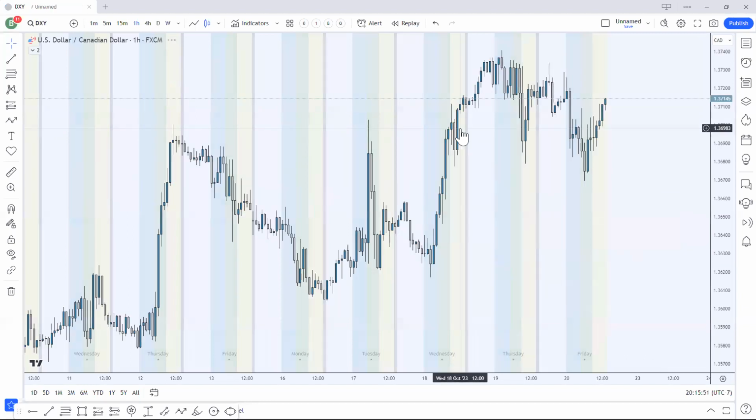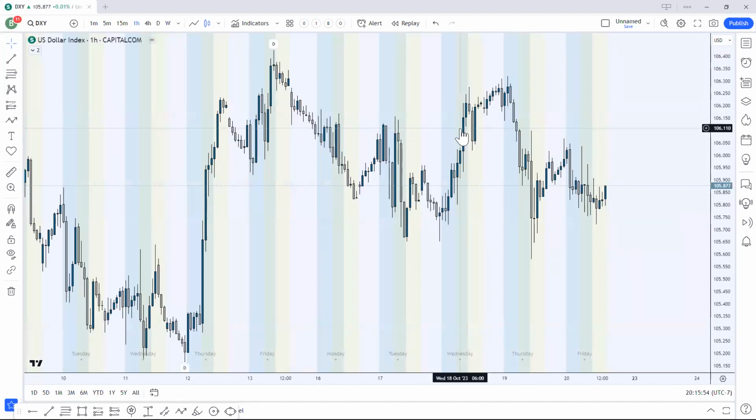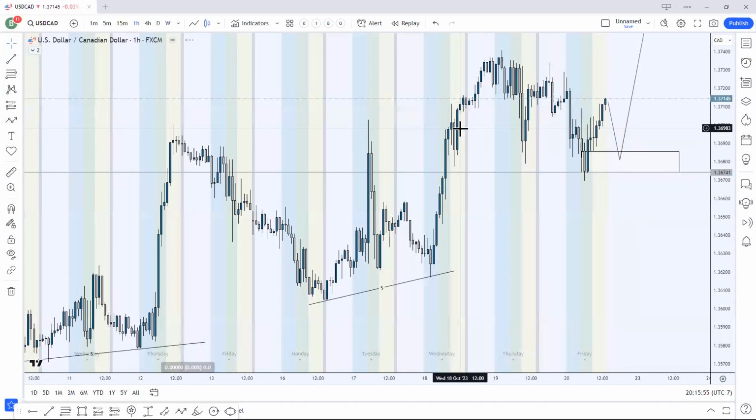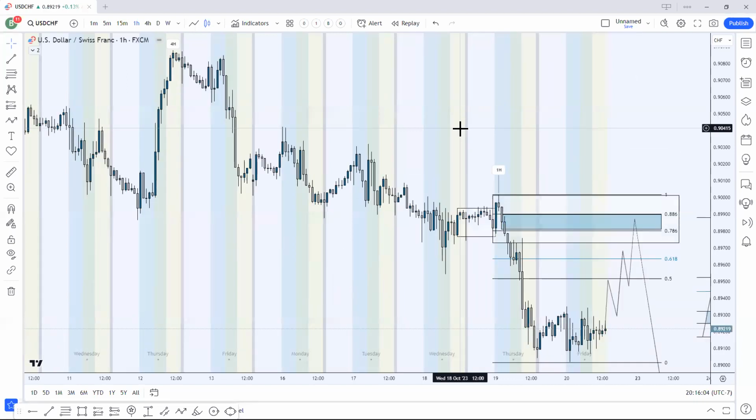Like if the dollar index pretty much moves sideways, but the Canadian dollar, right, was able to gain some strength, and then the CHF actually lost some strength, right? CHF is very correlated with gold, right? So that's why this market went down, even though the dollar was pretty sideways. Gold's strength, right, pushed this market down.